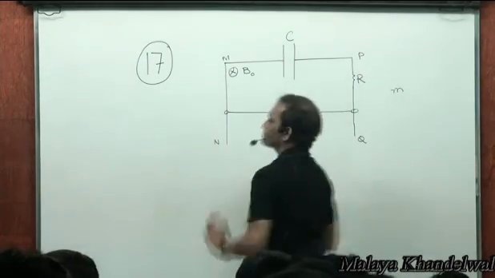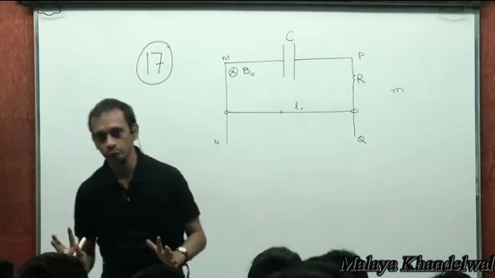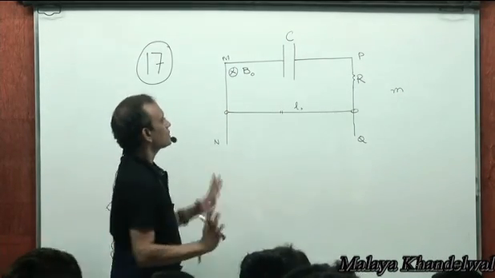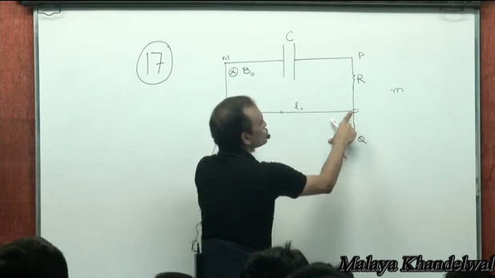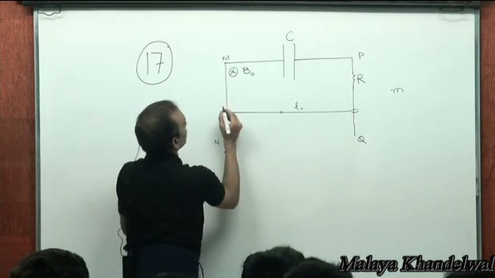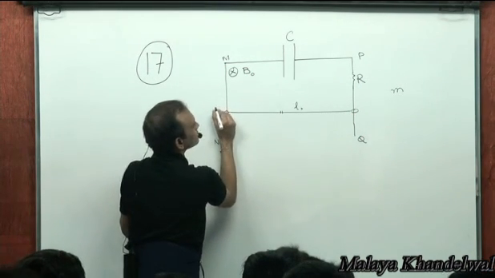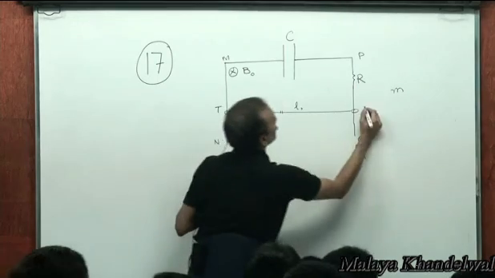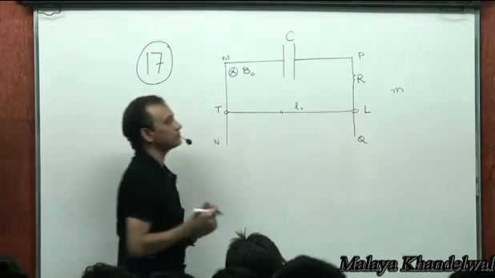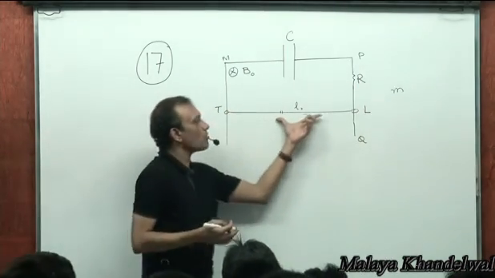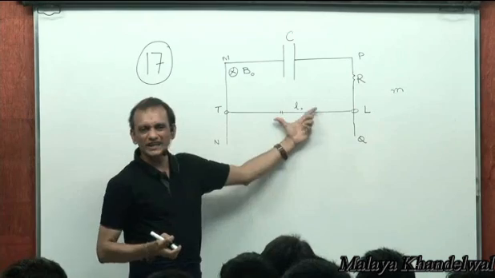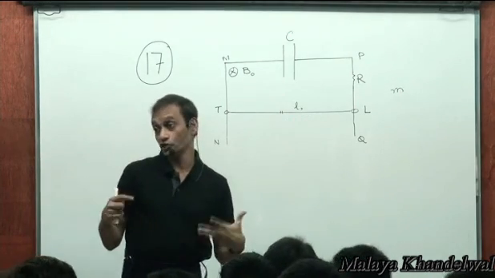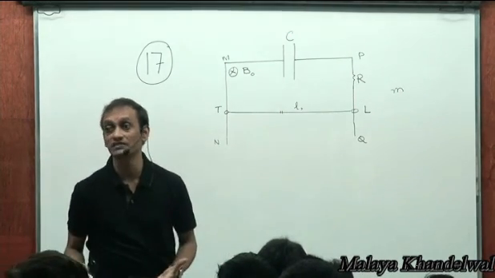See, at time t equal to 0, it's at rest, isn't it? When it's at rest, there is no motional EMF generated. Let me call this rod TL. There is no induced EMF in this rod TL because it has no velocity moving past the magnetic field.